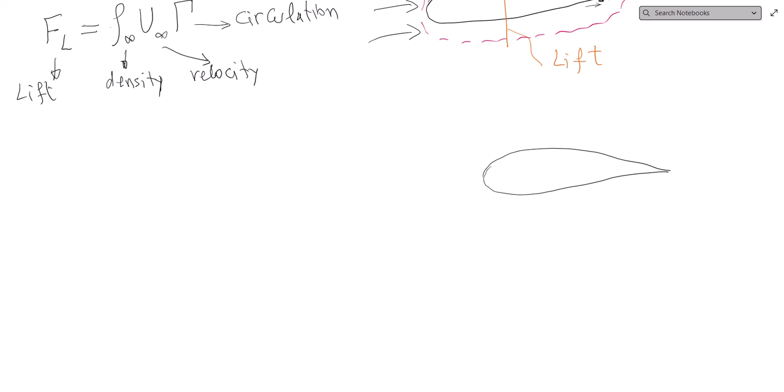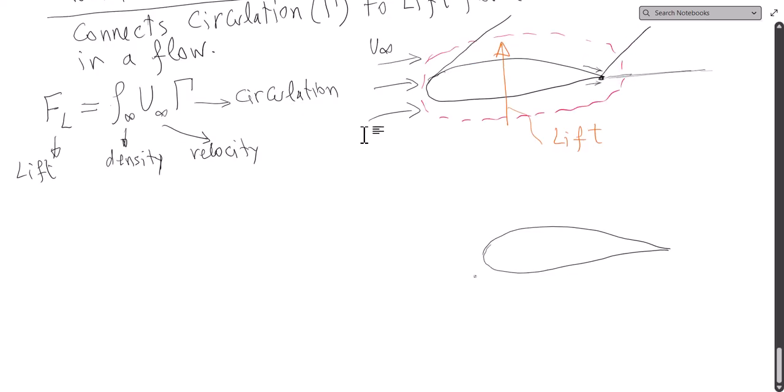But there is more in-depth calculation that we can do. I will not go through it here, using complex variable techniques and conformal mapping to map this shape of the airfoil into a circle using complex variable functions, and then you do calculation and then return it back to your coordinate system.